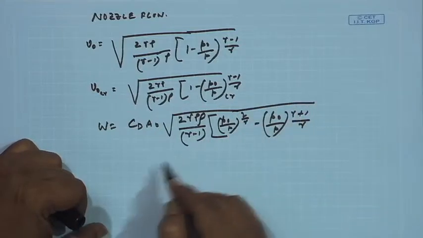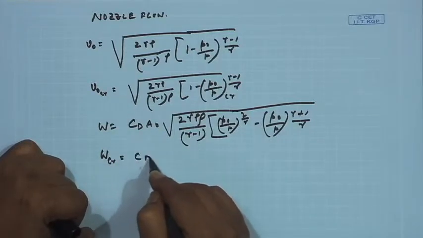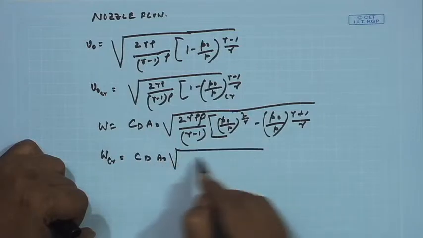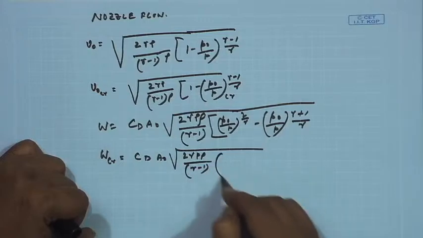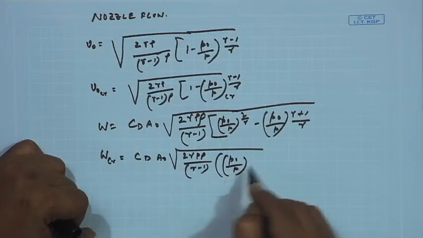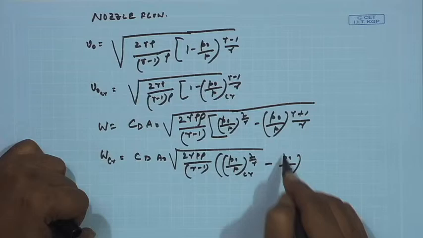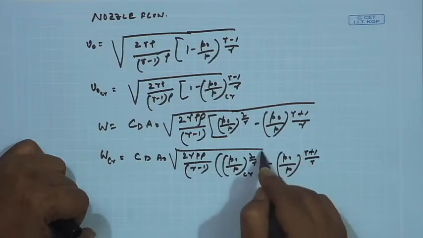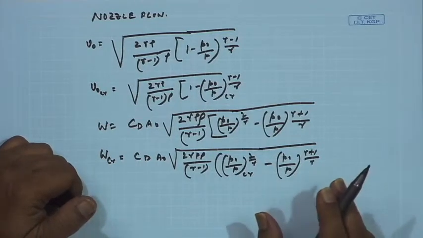This was the normal discharge, and the discharge under critical condition has the same form with p0 by p critical. So this was our critical velocity and critical discharge under nozzle flow, or flow through the nozzle, right.